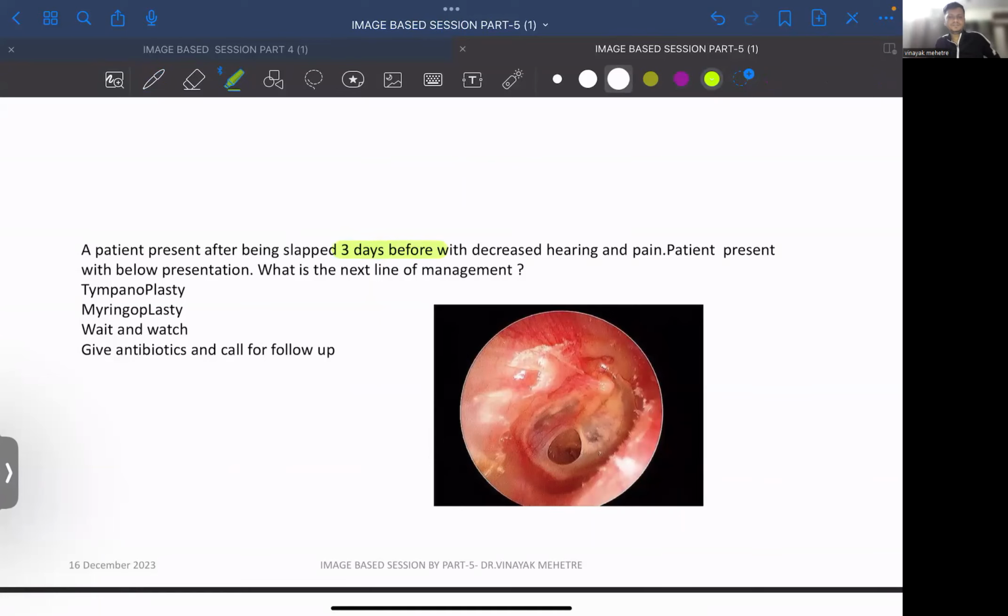After 3 days, the answer is wait and watch. I will change the question: the patient presents after 7 days. What will be the answer? The patient presents after 1 month. What will be the answer?